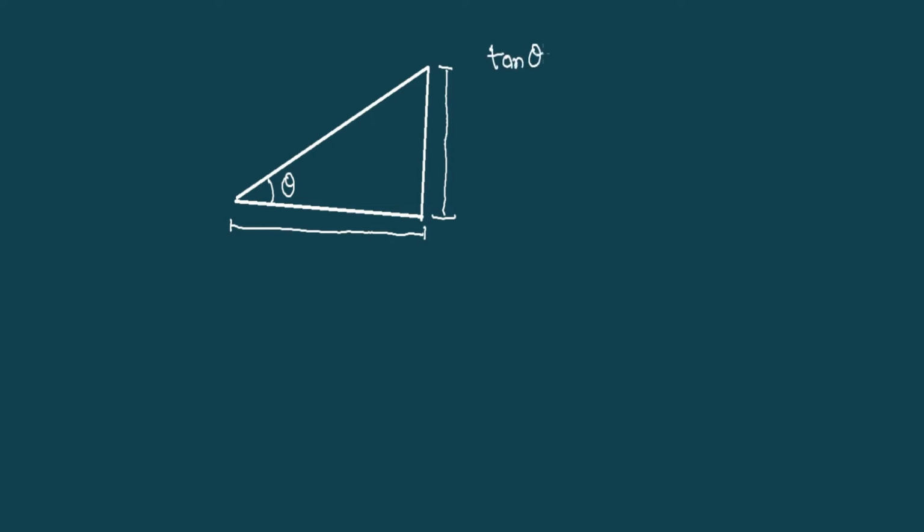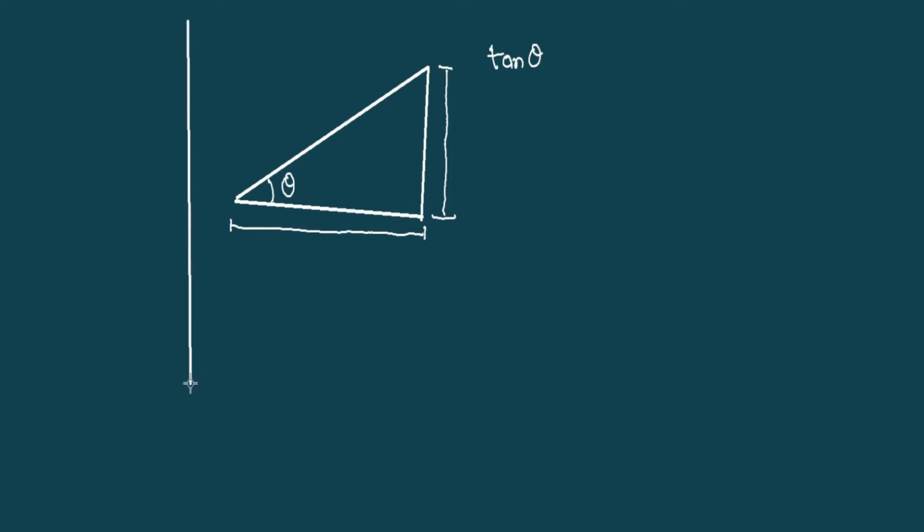But in mathematics, slope is defined as the tan theta, provided that this is theta, or it is given as the perpendicular distance divided by the adjacent distance, okay, which is nothing but tan theta.